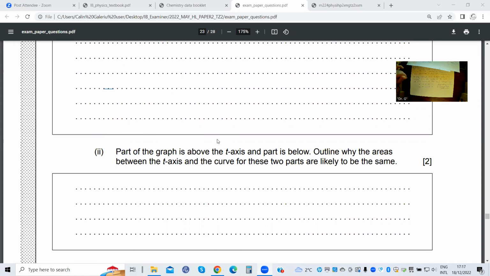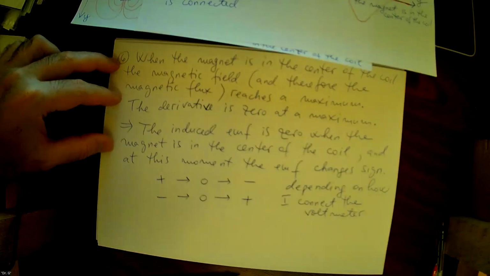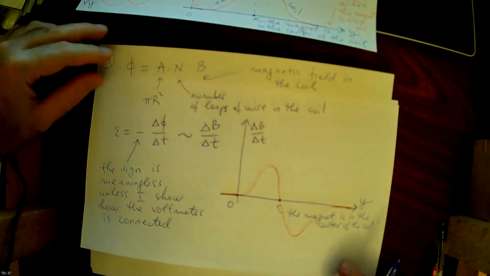Outline why the areas between the time axis and the curve for these two parts are likely to be the same. Well, time to look at our graphs.